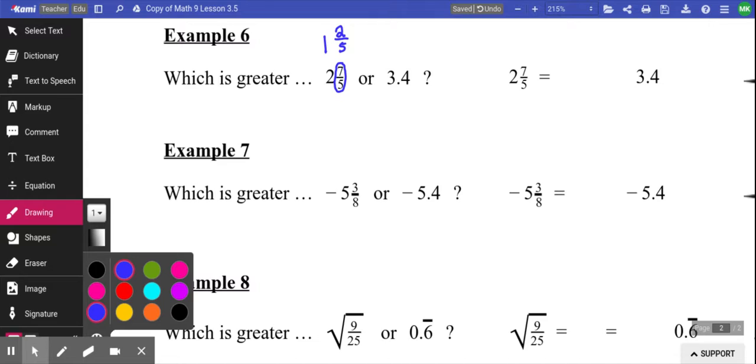So if I had 2 and 7/5, that's the same thing as saying 1 plus 2 is 3 and then 2/5. Right? I took that fraction, I turned it into 1 and 2 over 5, and then I added these numbers right here to get 3.